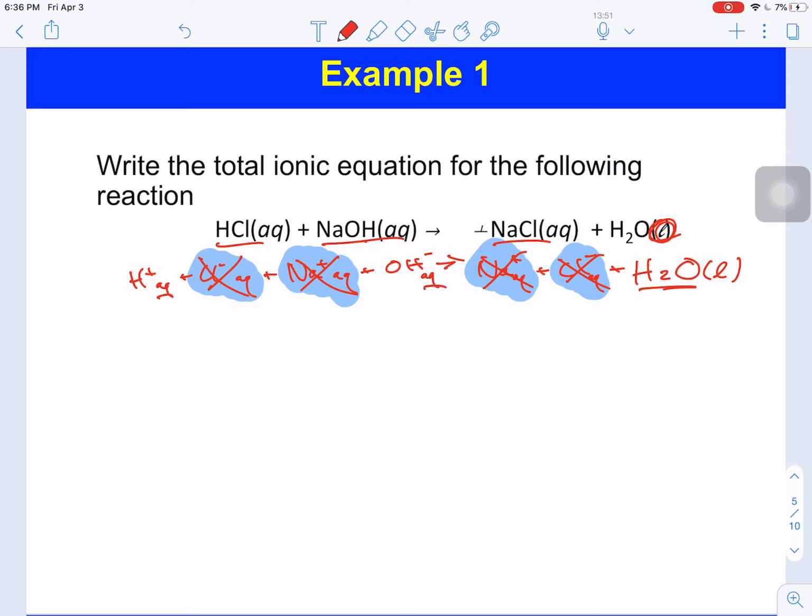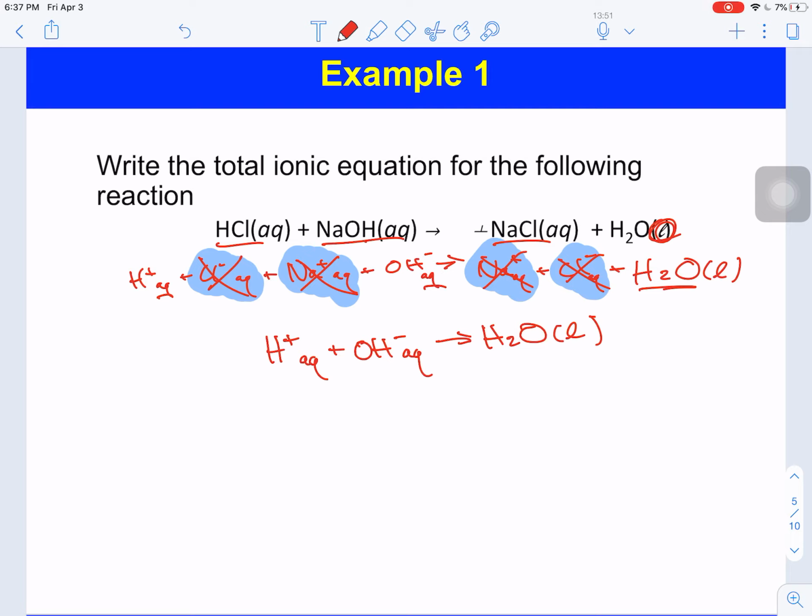So both its form and charge are changing. So those you're not going to get rid of. Those are not spectator ions. So you need to keep those. You can keep H plus, OH minus into H2O liquid, and that's all you have to do.